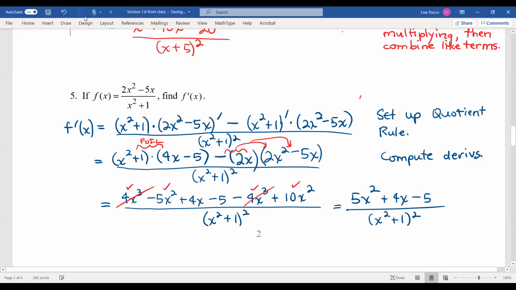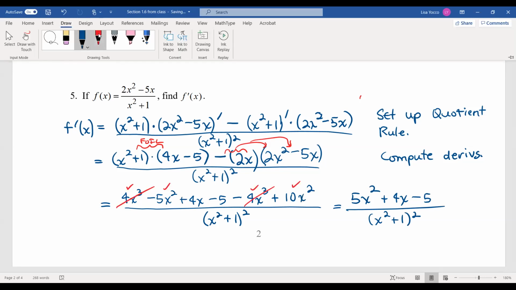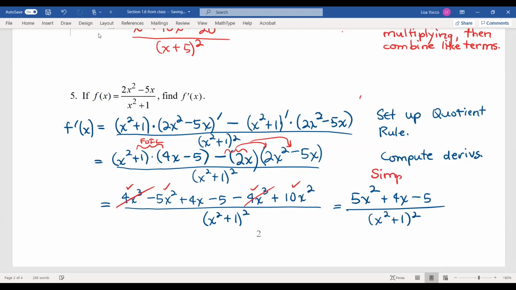All right. So as happens a lot in calculus, a lot of times the calculus isn't so bad, but the algebra that goes along with it can be.